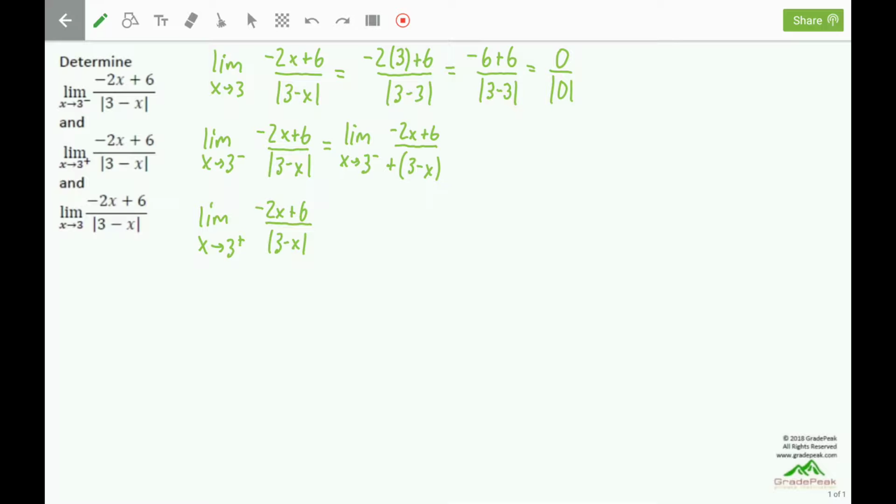At this point, we have the 0 over 0 indeterminate form. So what we will need to do is factor and cancel. Now in the numerator, we have a factor of 2 that can factor out, and that will leave us with negative x plus 3. And then we can write that in reverse order so it matches the denominator.